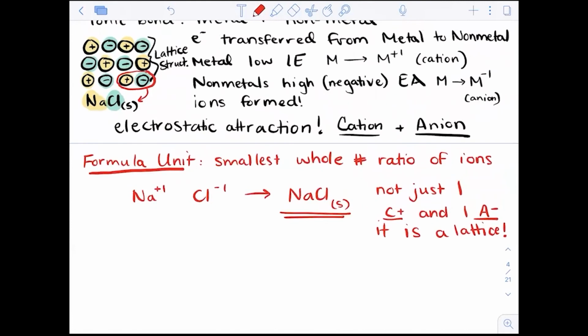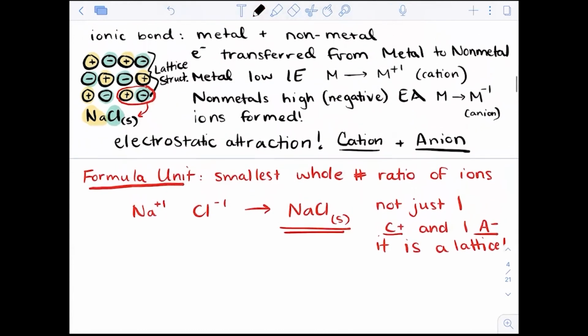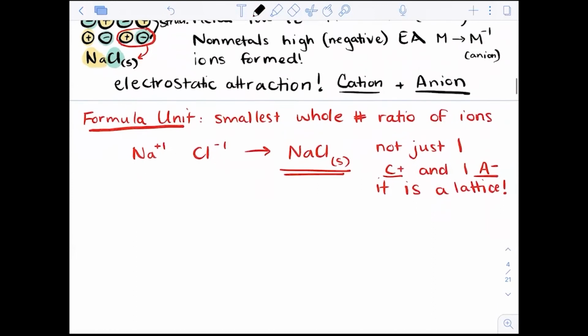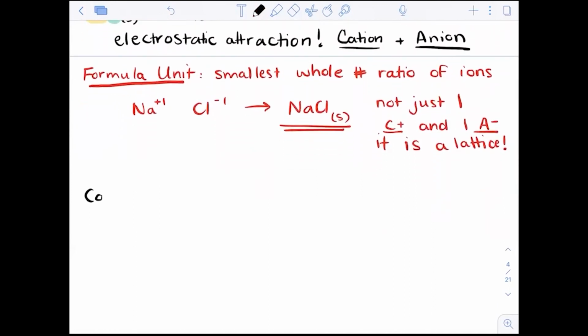We'll focus our discussion first on ionic bonds, and then we'll move into covalence. But I just want to get a definition of covalent bond before we continue. For a covalent bond, we have a little bit different picture. A covalent bond is going to be a sharing of 2 electrons.